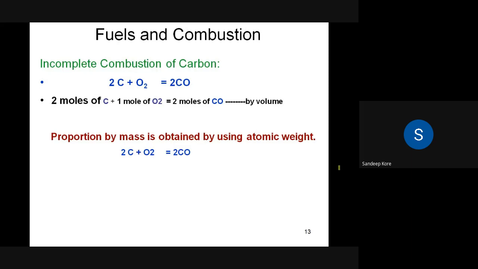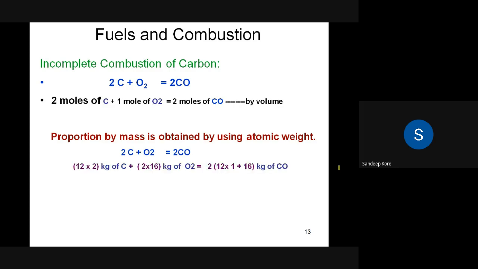As per the mass, put the mass in the equation and try to find out the requirement of oxygen. Yes, anybody?